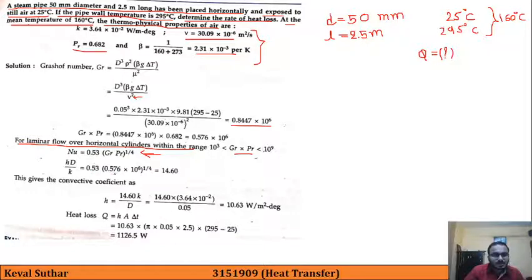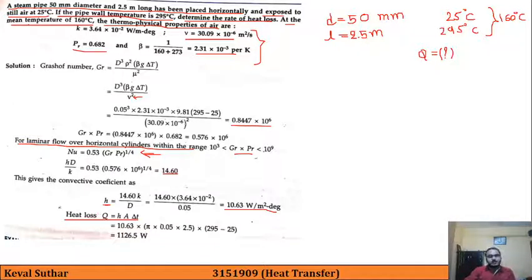Finally, putting all those values, we get the value of hD upon k as 14.60, and the value of h we can calculate based on this. So the h value is 10.63 watt per meter squared per degree, and the heat loss is given by this formula, that is our standard Newton's law of cooling, Q equals h A ΔT.